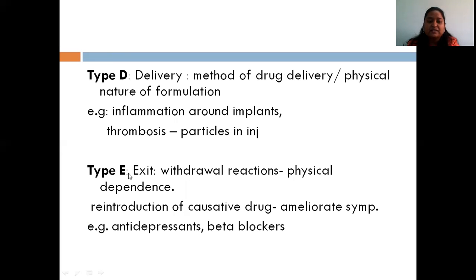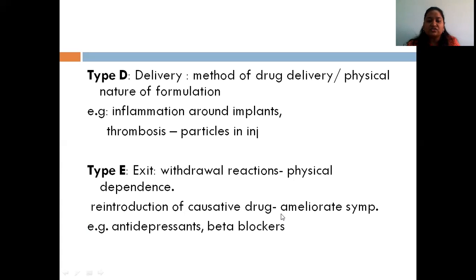Next is exit, which is the withdrawal of the drug. After withdrawing the drug, it produces some reactions. These are the withdrawal reactions, which depend totally on the type of drug, the dose of the drug, and how long the drug has been taken.